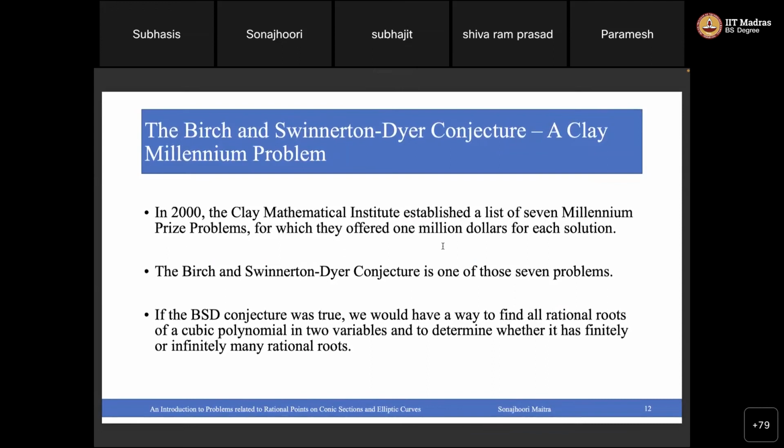If it were true, then we would have a way to find all rational points on a cubic polynomial, and we wouldn't even have to worry about which case we are in, whether the 0, finite or infinite rational point case. It would basically solve all our problems. But it is a conjecture, so it is not yet proved or disproved. If we can prove it, then the problem about cubic polynomials will be solved for good.